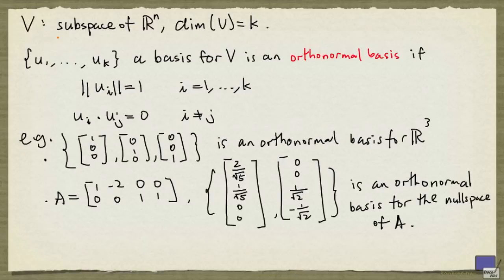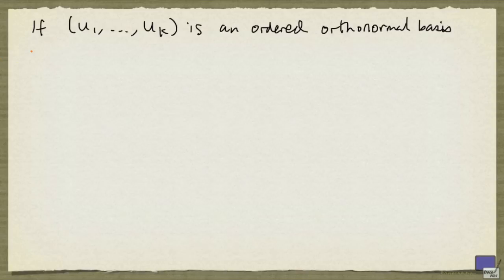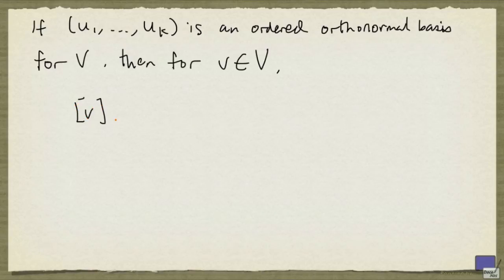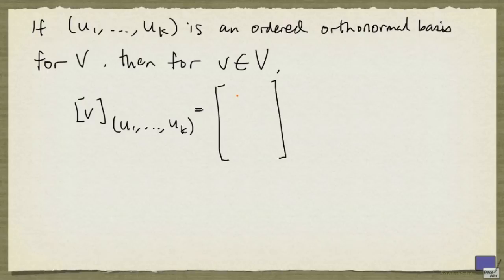So why do we care about orthonormal bases? For one, if you have an ordered orthonormal basis, then finding a tuple representation with respect to that basis is quite easy. So if u1 up to uk is an ordered orthonormal basis for V, then for any vector v in V, the tuple representation of v with respect to this basis is given by the k-tuple such that the ith component is given by the dot product of ui and v.